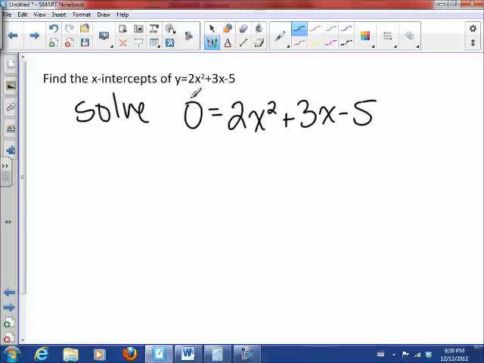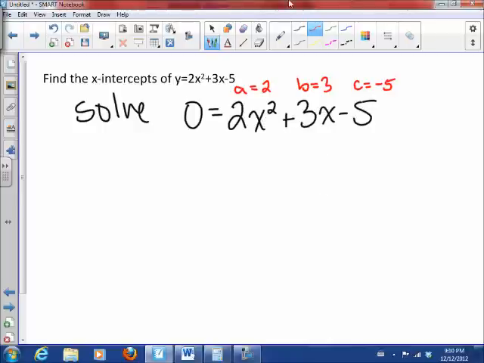Finding the x-intercepts is like solving the equation when y equals 0. So first we've got to label our a, b, and c. Our a is 2, our b is 3, and our c is negative 5. That's ax squared plus bx plus c.